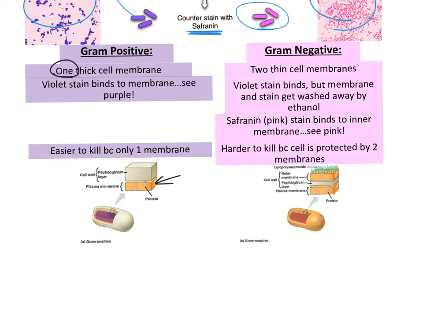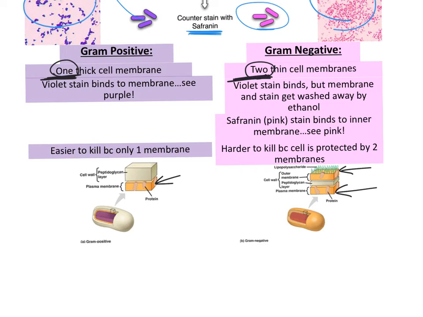That one cell membrane protects the cell and allows it to control what comes in and out. A Gram negative cell has two cell membranes, meaning it has double layers controlling what goes in and out of the cell. The purple stain indicates a Gram positive cell, indicative of one cell membrane. The pink stained cells then all have two cell membranes.